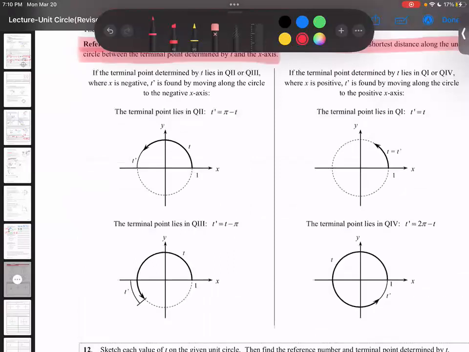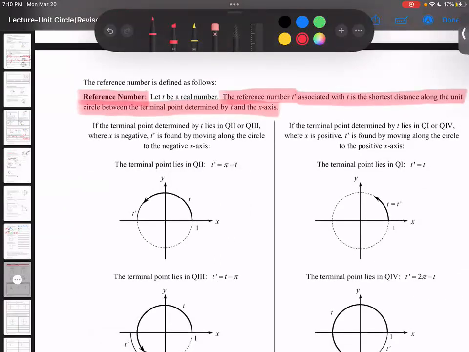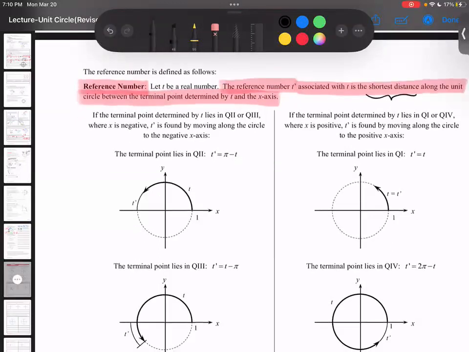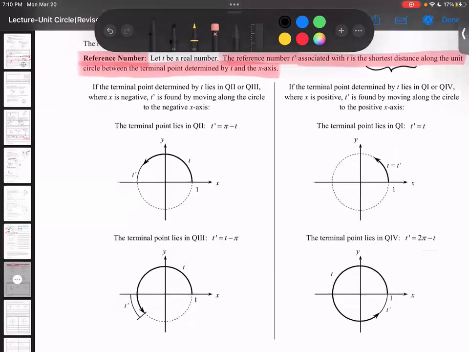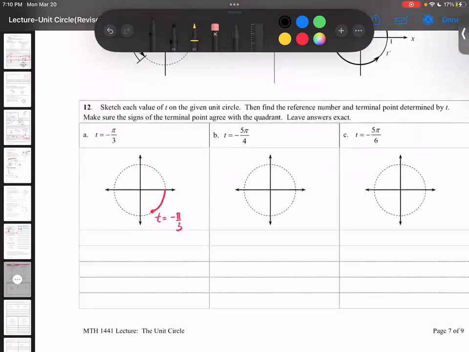Remember, I know I keep saying this. Now we want to find the reference number t prime. It is the shorter distance between the terminal point and the x-axis. Remember, distance, therefore it cannot be negative, right? If you look at this picture, this distance right here is the shorter distance that you go from the terminal point to the x-axis.